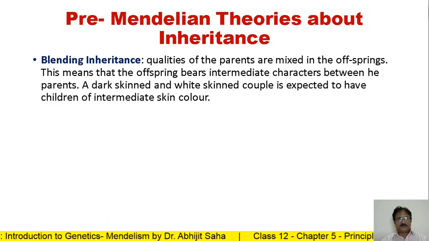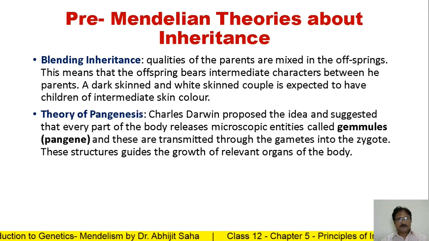Before Mendel, there were many concepts. We don't have the scope to discuss all of them, so I will discuss one or two. Number one is blending inheritance. What is blending inheritance? The qualities of the parents are mixed in the offspring.